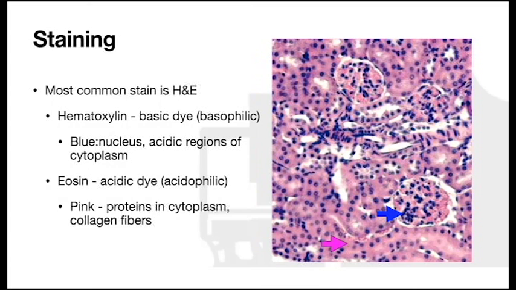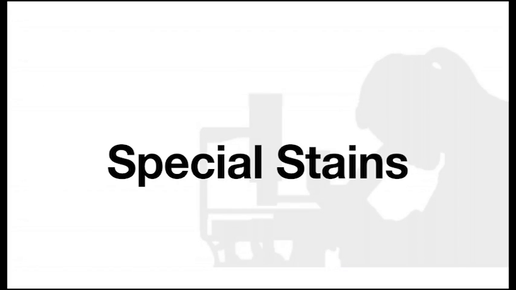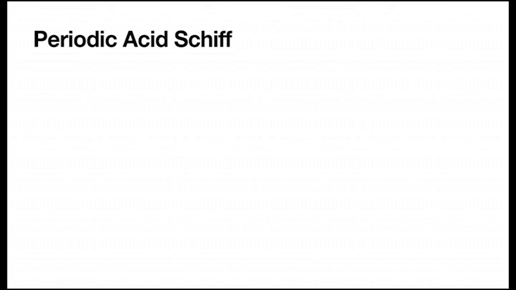Although H&E staining is the mainstay of histological tissue examination, we need special stains to provide better visualization of specific structures based on their chemical, biological, and pathological characteristics. The first special stain is the periodic acid Schiff stain that reacts with glycogen granules, staining it magenta.